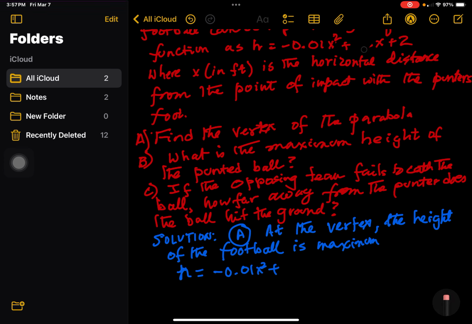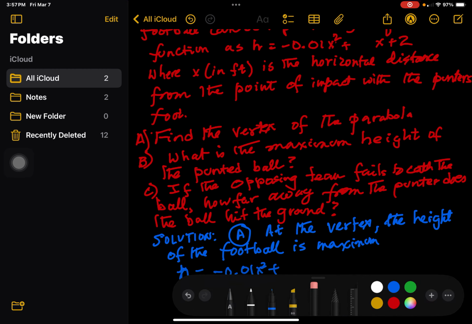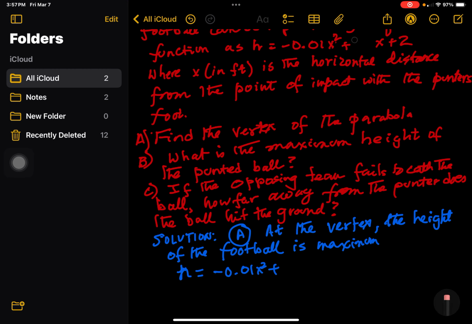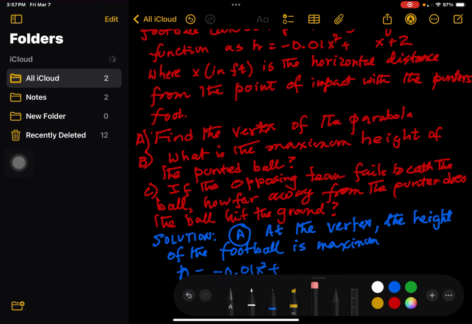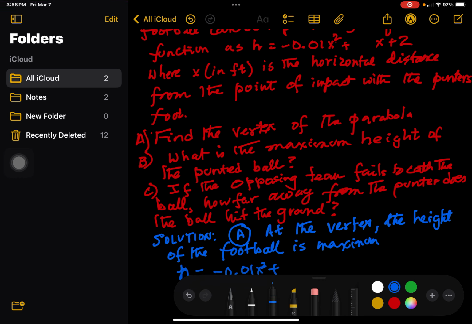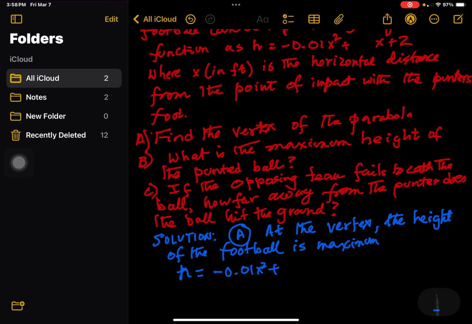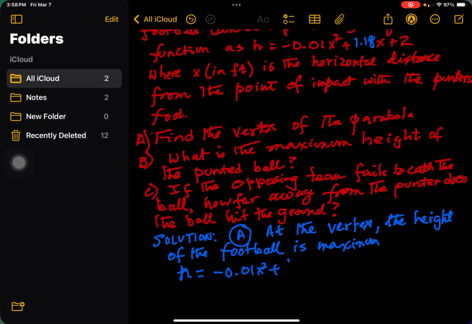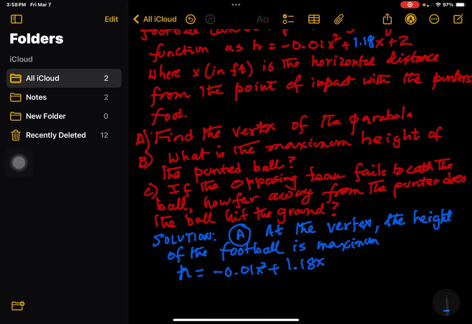So this is 1.18x. Okay. So plus 1.18x plus 2.